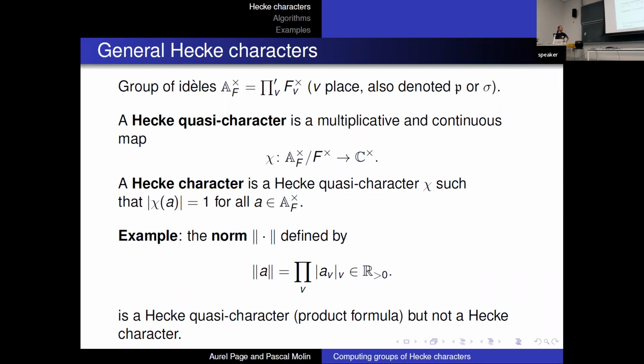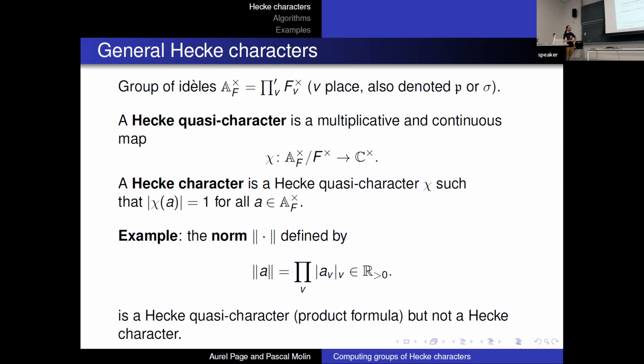Let me give you our first example of a Hecke character, actually. You can take the following map on this idèle group, namely take the product over all these v of the normalized absolute value of the component at v of the element of this product.